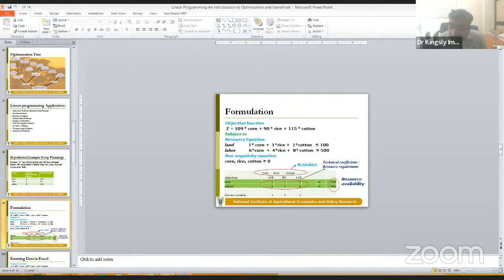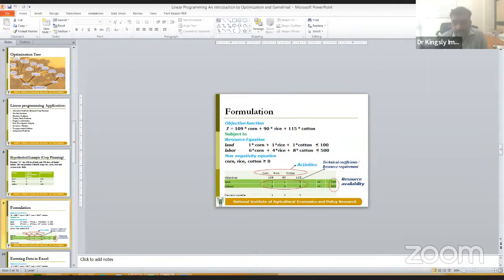Then the matrix indicating the resource availability, 100 and 500, is the B matrix. Then the resource requirement matrix, land 1 1 1 and labor 6 4 8. This block indicates the A matrix, nothing but the technical coefficients, or resource requirement.